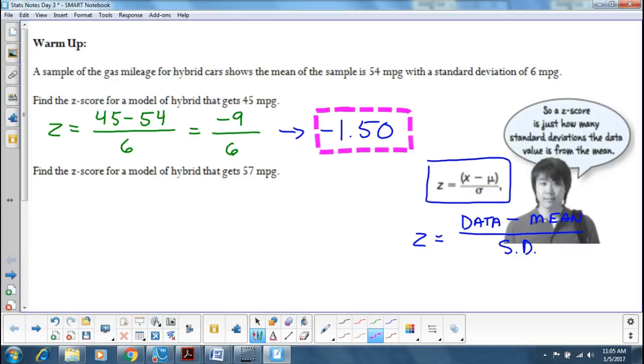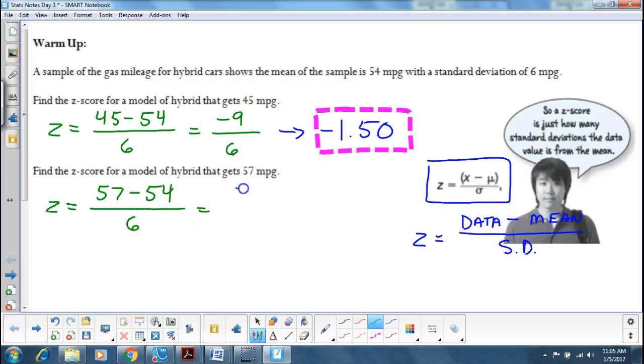Okay? Now the 57 here. 57 is more than the mean, so I should get a positive z-score here. Okay? So z is 57 minus 54, all divided by 6.